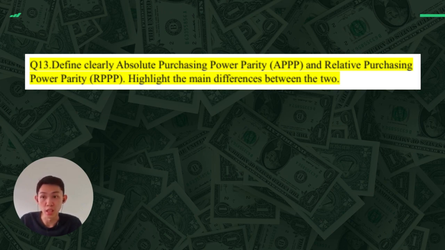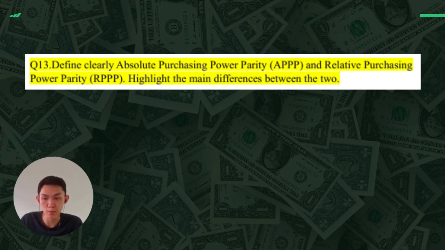So in question 13, we define what APPP and RPPP are, and then highlight the main differences between the two. APPP, the absolute purchasing power parity, is a theory that suggests the exchange rate between two countries should be the same as the ratio of their price levels.